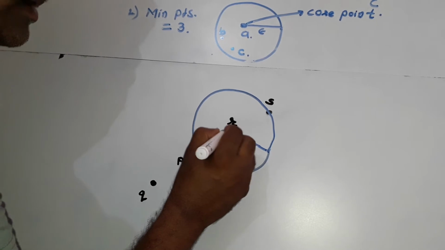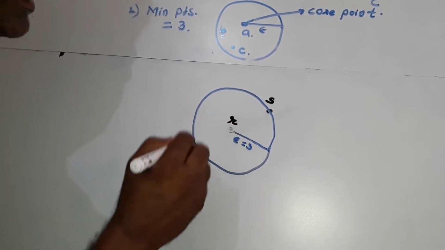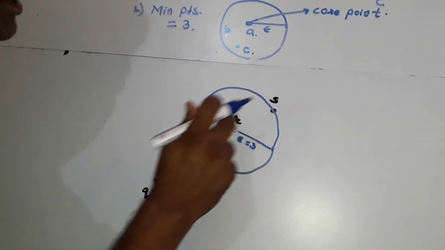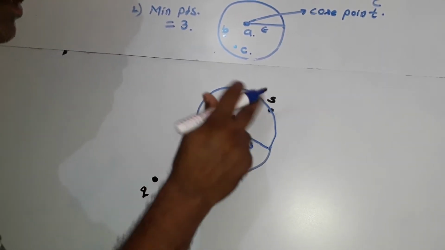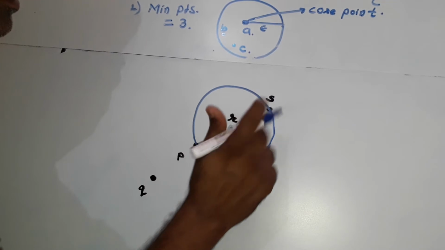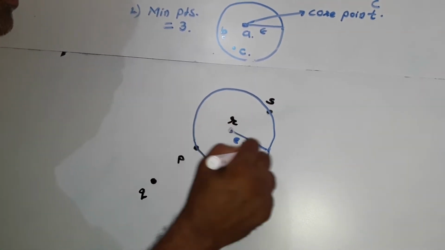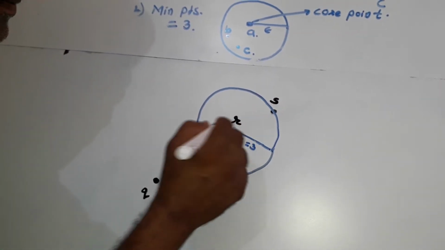The condition to identify R as a core point is that there should be at least 3 data points, including R itself, available in the vicinity of the circle, right?